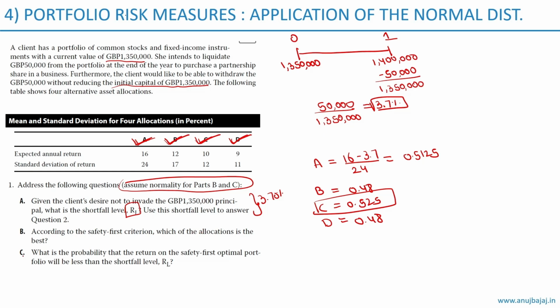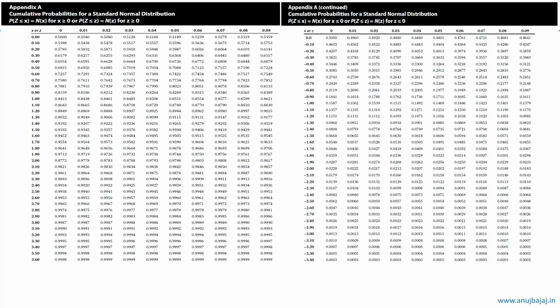Question C. What is the probability that the return on the safety first optimal portfolio will be less than the shortfall level? So we are required to calculate the probability of return falling below 0.525 standard deviation. Using the table over here, we are required to find the probability of return falling below 0.52 standard deviation.